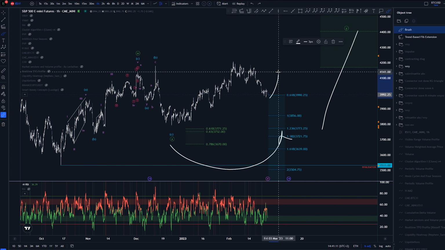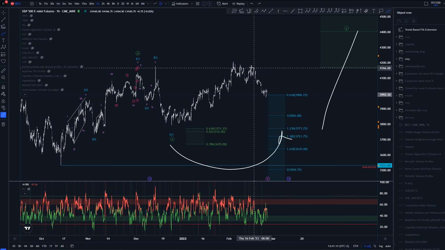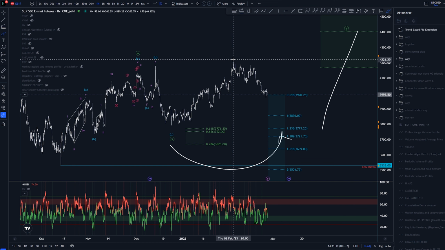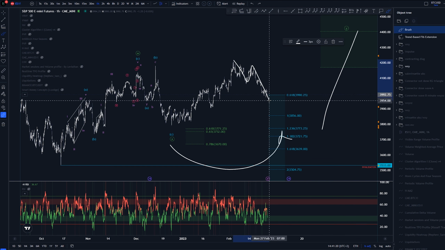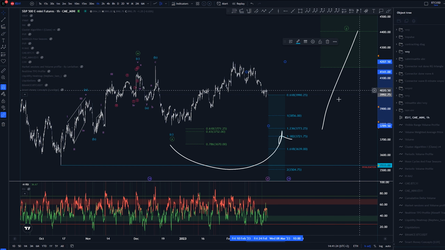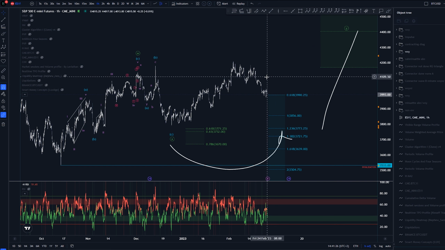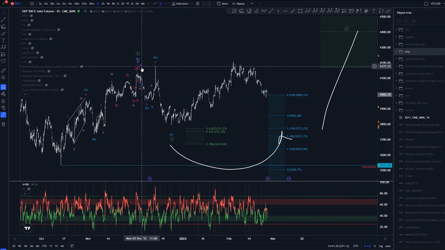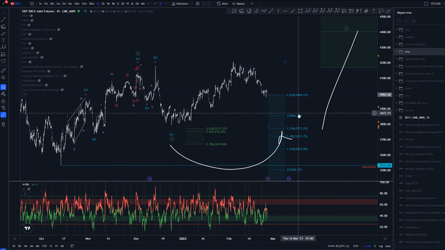If we turn out here, of course it is possible that I've labeled this wrong, or that my count is completely wrong and this is indeed some kind of three-way structure like so instead. But that is something that I'm currently tracking at this very moment. So two different ideas here are laid out together.